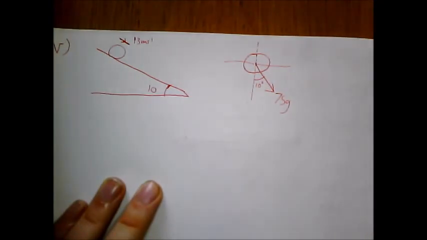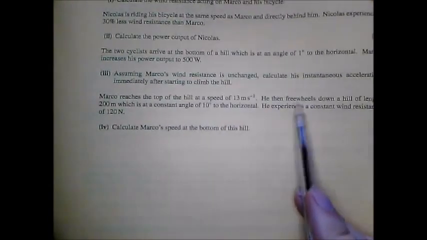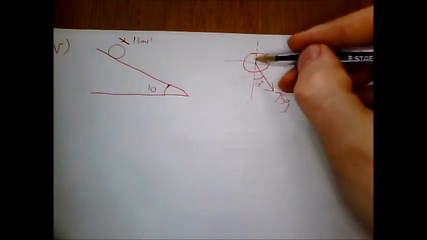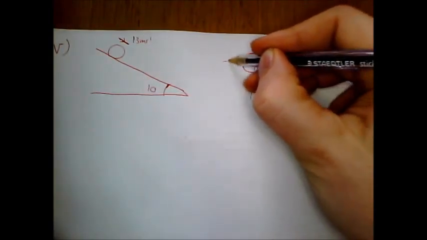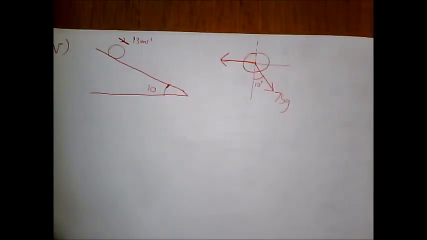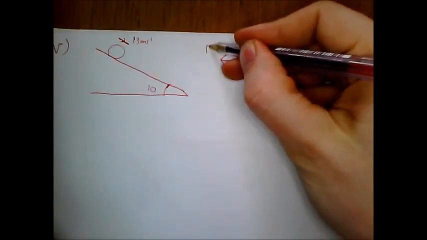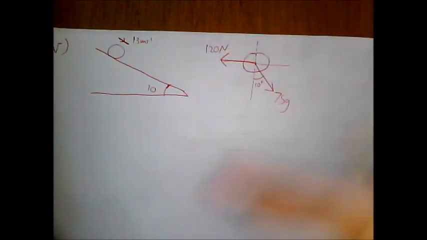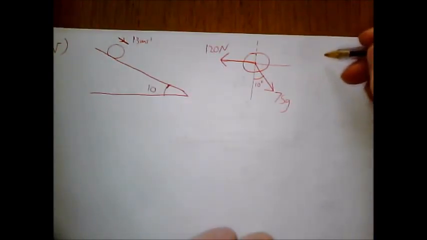And is he producing any force? No, he freewheels down, so there's no other force acting on him other than the resistance, which we're told was 120 newtons. Okay, so we're going to need the acceleration of this particle here.